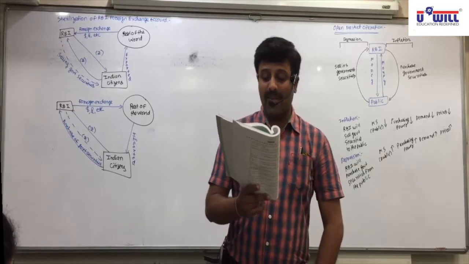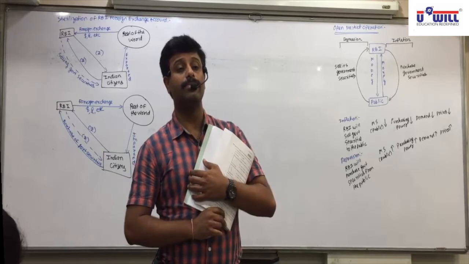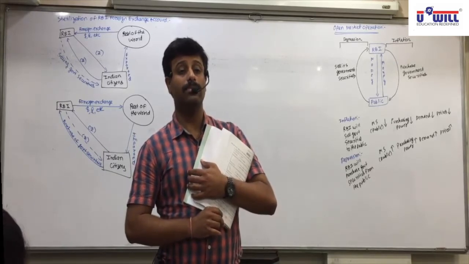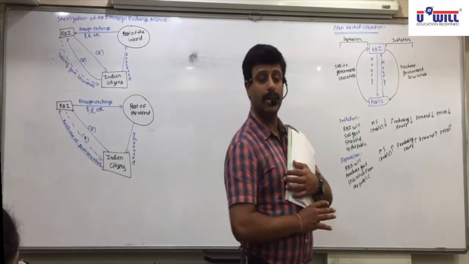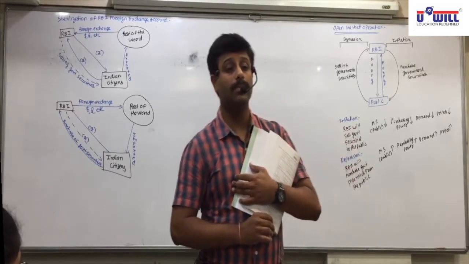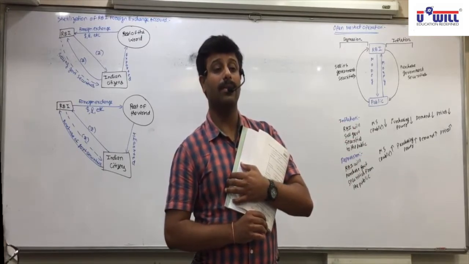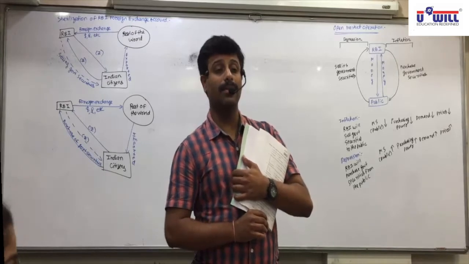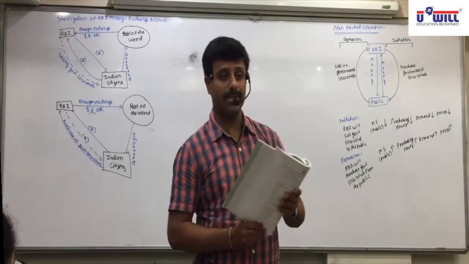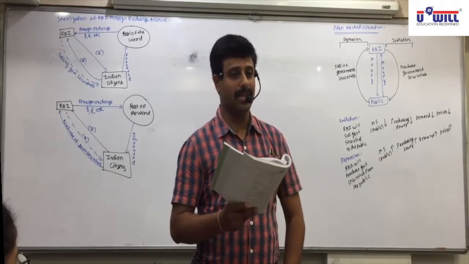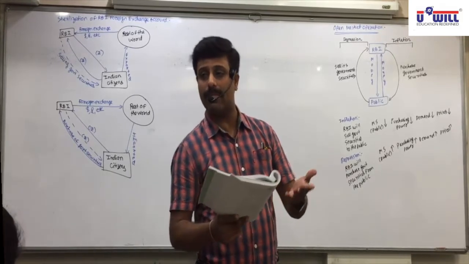Dinesh, what is the value of rank correlation coefficient if sigma d square is equal to 0? Renuka? 1. It is 1 because 1 minus 6 into 0 will become 1 minus 0.